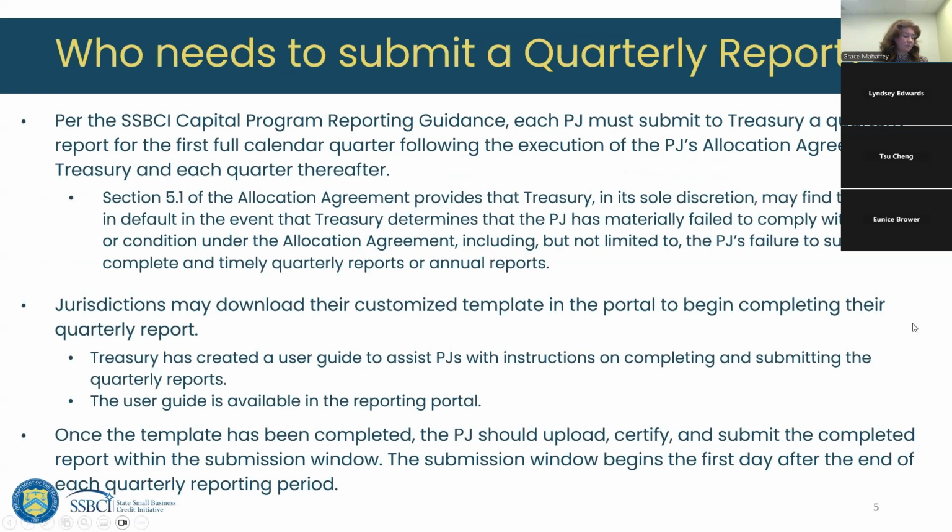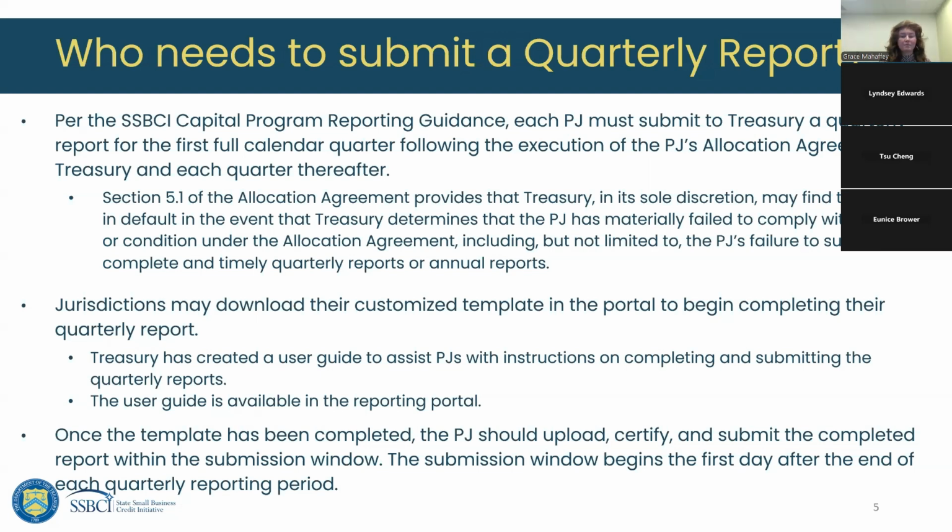Each jurisdiction is required to submit quarterly reporting starting with the first full calendar quarter following your executed allocation agreement with Treasury. This means that if your jurisdiction signed the allocation agreement in the fourth quarter, that is in October, November, December of 2024, your first report will be Q1 2025, which covers expanded, obligated and transferred data, EOT, through March 31st.